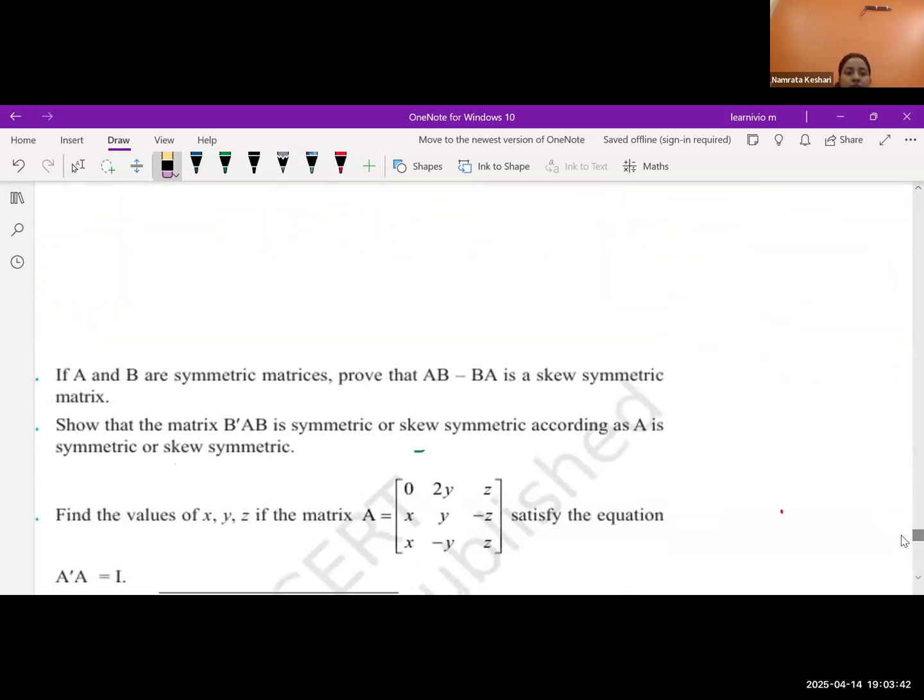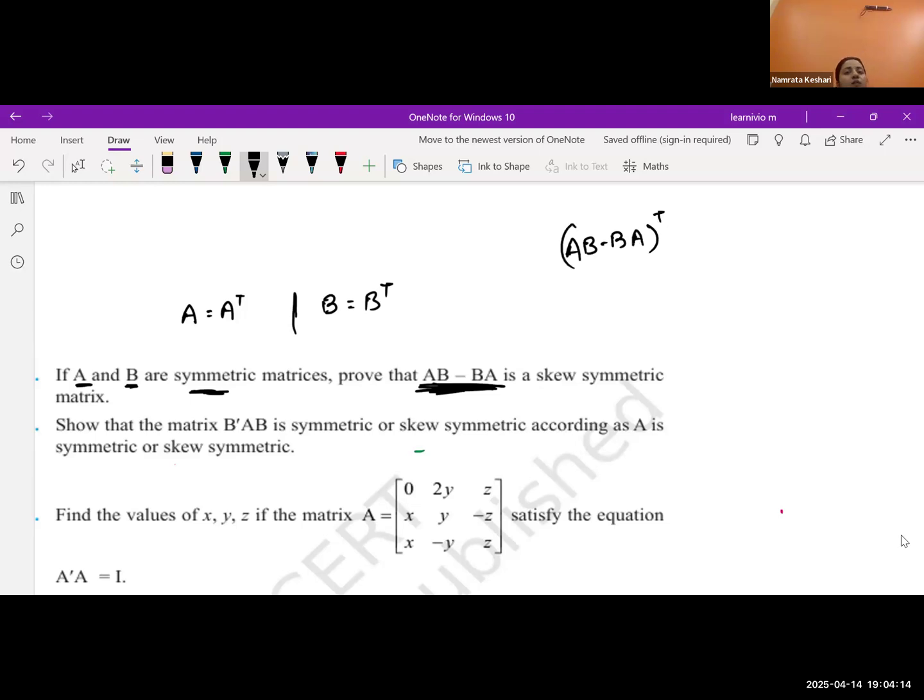A, B are symmetric. So A and B are symmetric means A is A transpose. Both are the same. Whichever way you write it, it's the same, right? Then prove that this means AB minus BA. Just now we have done this question, right?